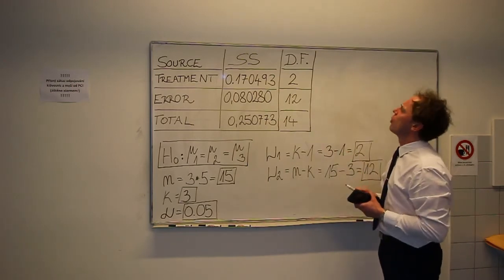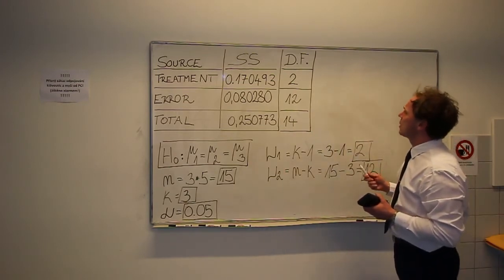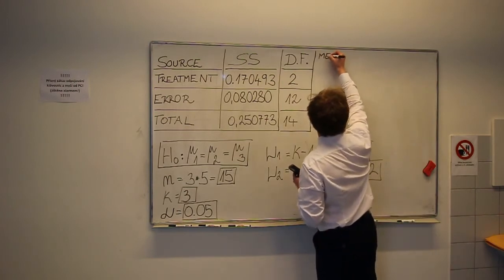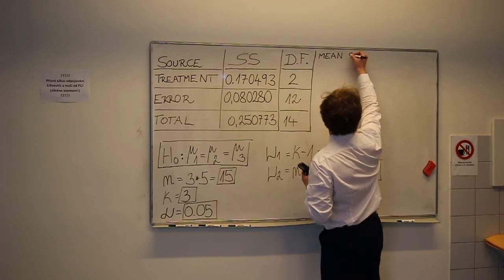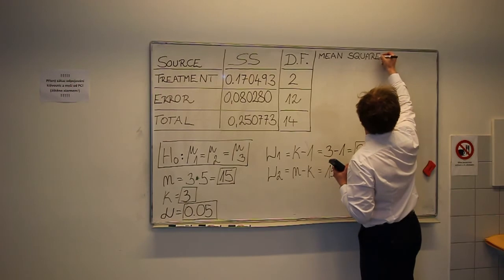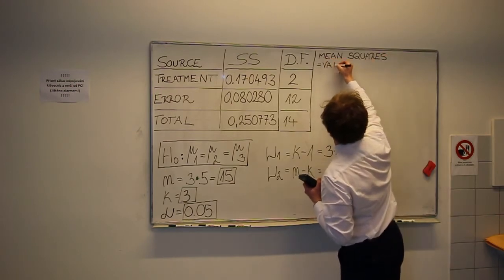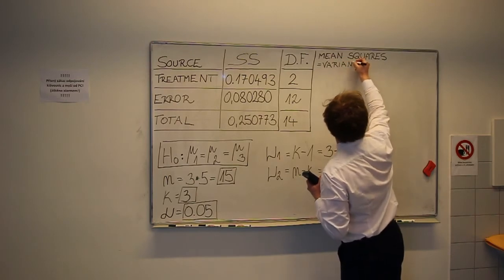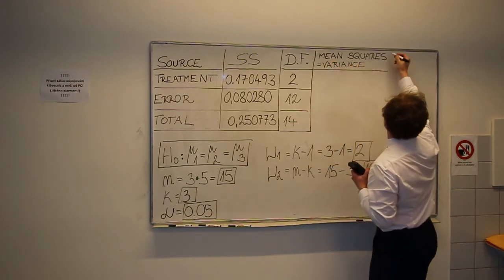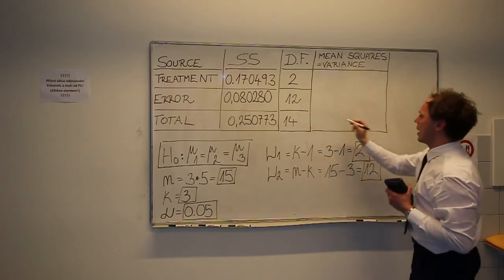Because in the next column we have mean squares, which is variance, and there we have treatment variance and error variance.